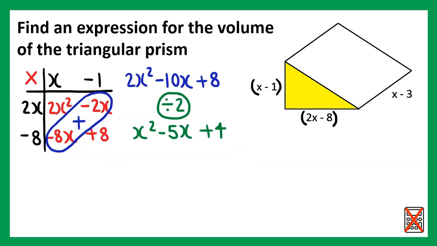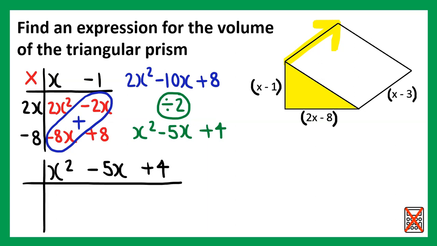Once you have the area of the cross-section, you can find the volume of the prism by multiplying this area by the depth, which in this case is given as x minus 3. Again, multiplying by an algebraic expression with two or more terms will require brackets. Split x squared minus 5x plus 4 into separate terms, and this will be multiplied by the depth, which will be split into x minus 3.